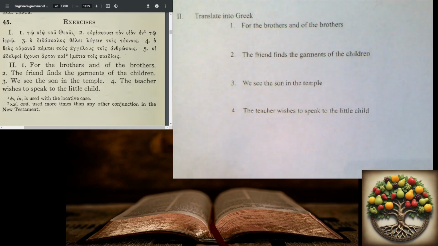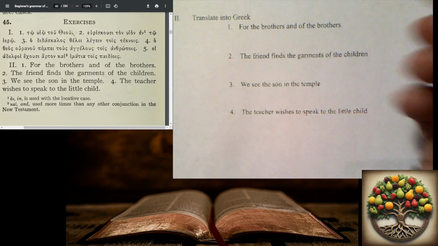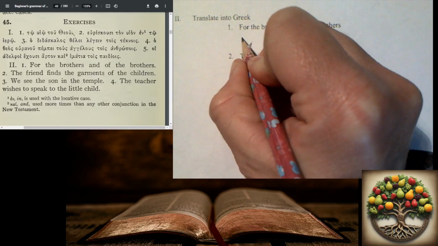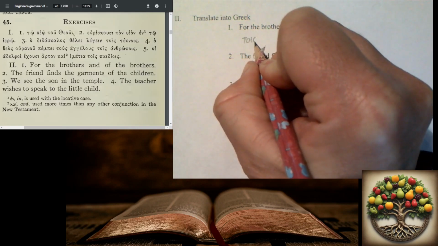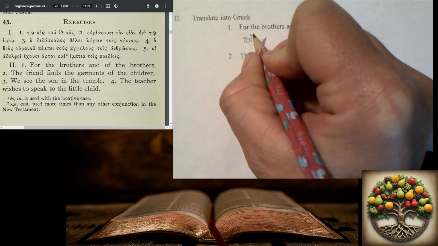Okay, now comes the fun part, translating into Greek. For the brothers and of the brothers. So we need to put the brothers into the dative case. Circumflex there.